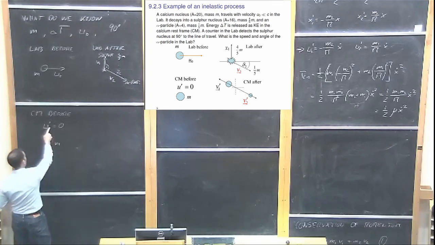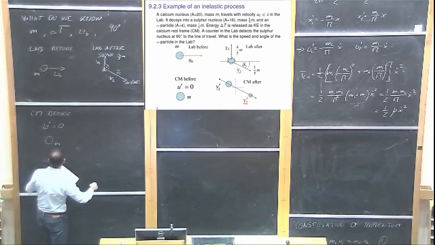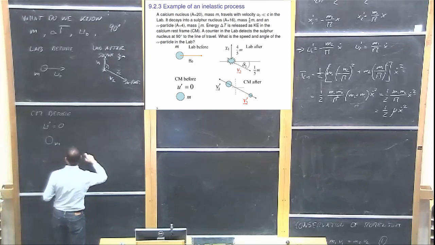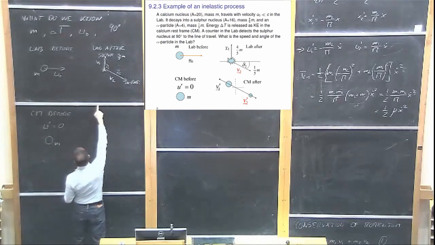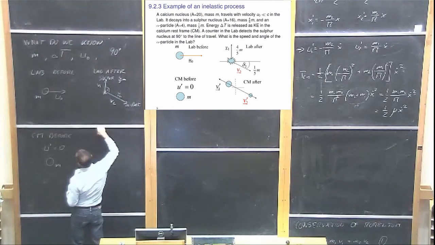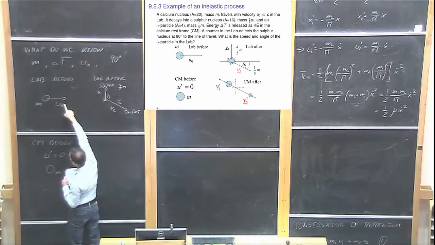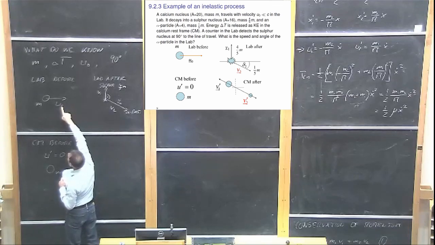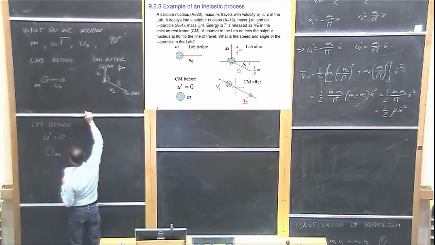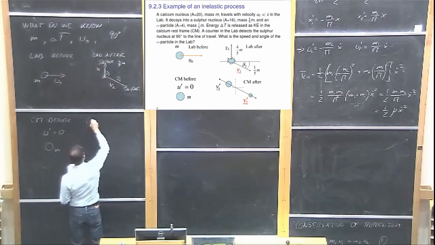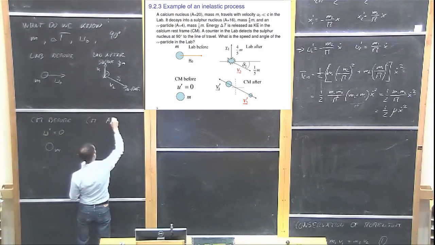So the only way it can be is that the velocity in the center of mass frame is naught. And that also means we know immediately the velocity with which we can transform between the frames. So VCM equals U naught to make this frame stationary with respect to the particle. CM after.